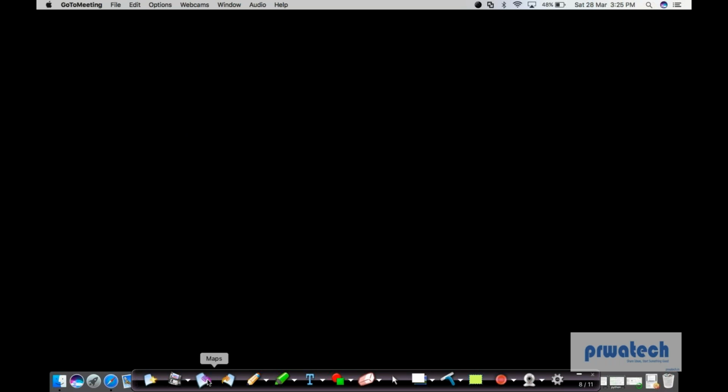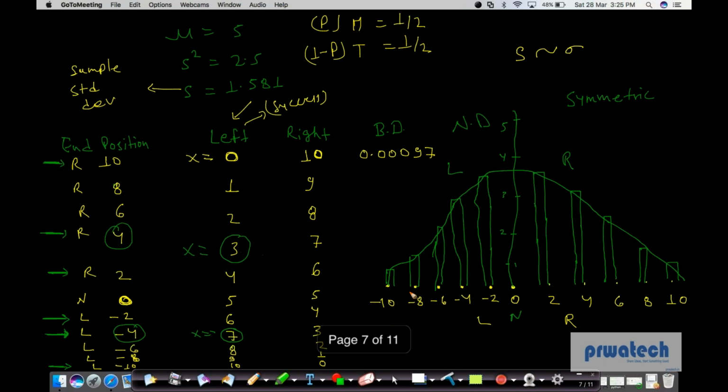This question we can solve using the empirical rule. This empirical rule is built on the concept of normal distribution only.